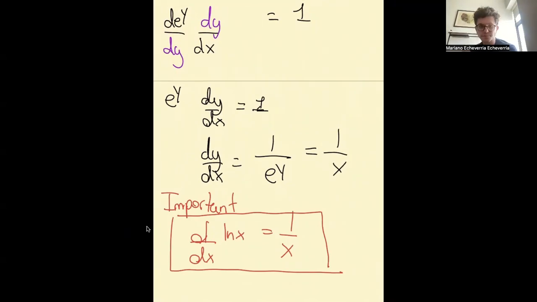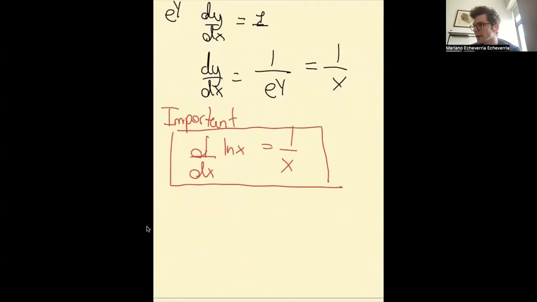Is that making sense? Or ln prime of x equals 1 over x if you prefer.